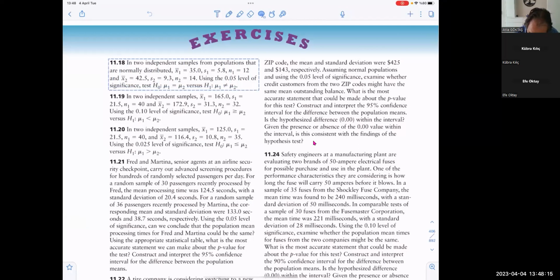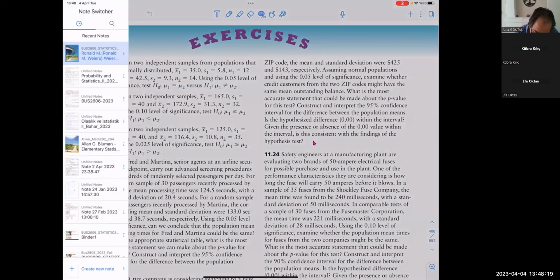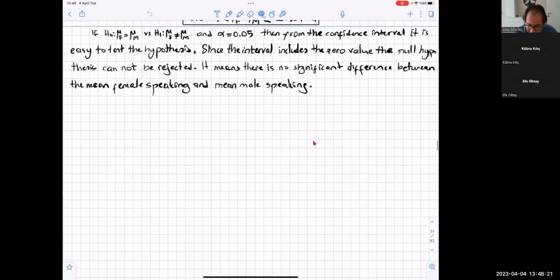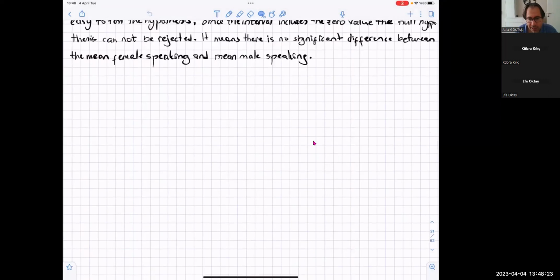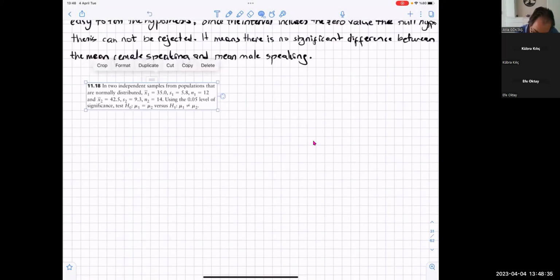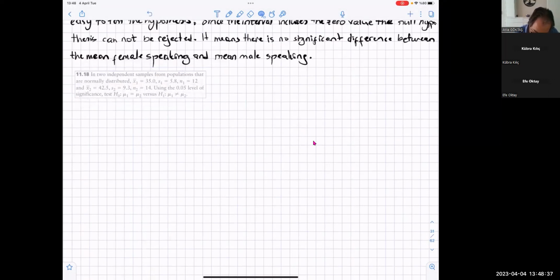There's no verbal statement; all you need to do mechanically is calculate the t statistic, calculate the degree of freedom, establish the graphical display, and give the result of whether you reject the null hypothesis or not. Let me paste the exercise here.